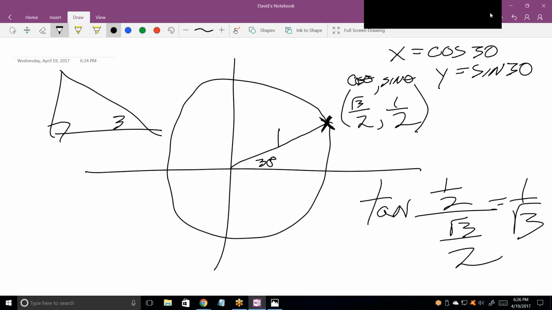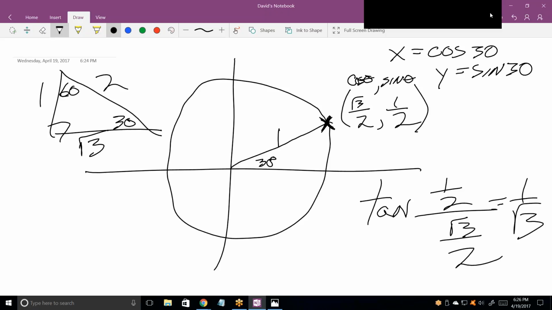In other words, there's our 30/60. The thing you got to memorize here, not that it's a 30/60, but what these three dimensions are. Notice what the tangent of 30 is. It's 1 over root 3. It's also the sine of 30 divided by the cosine of 30.